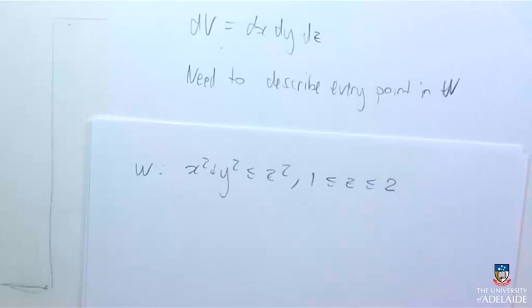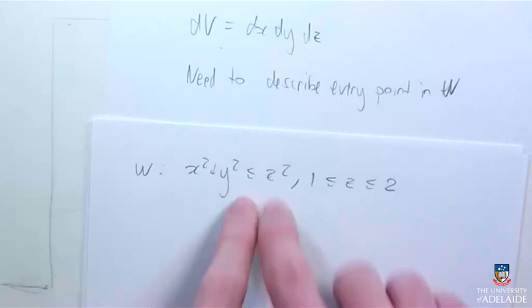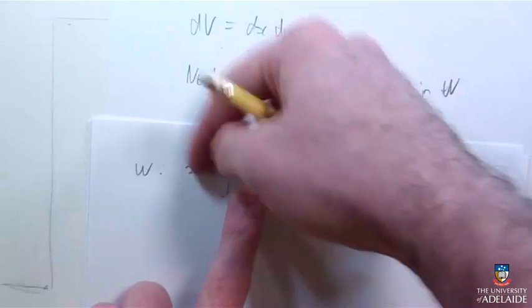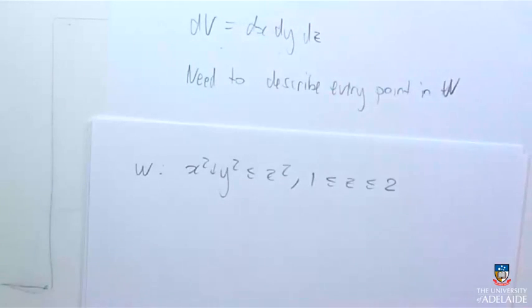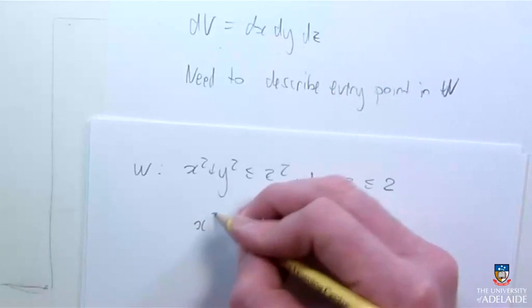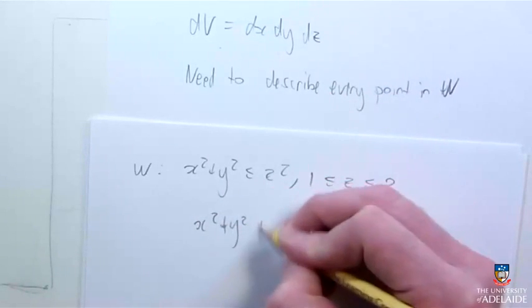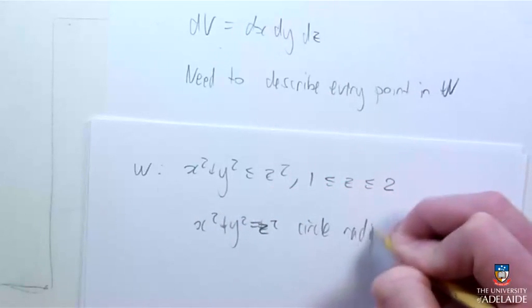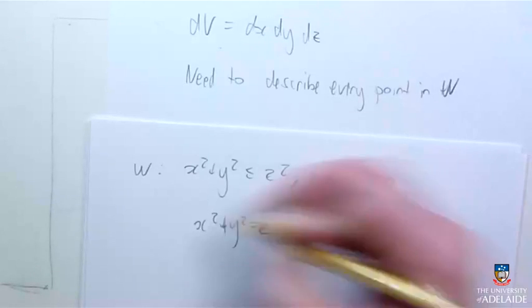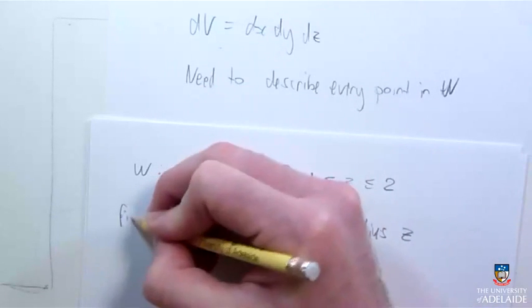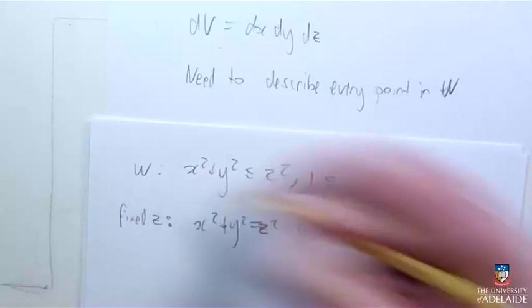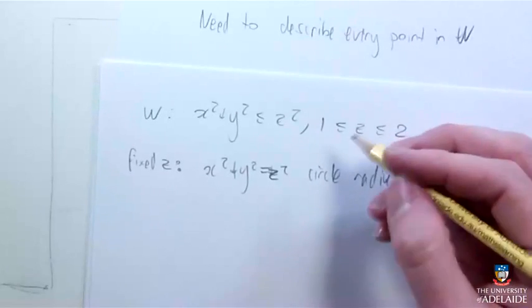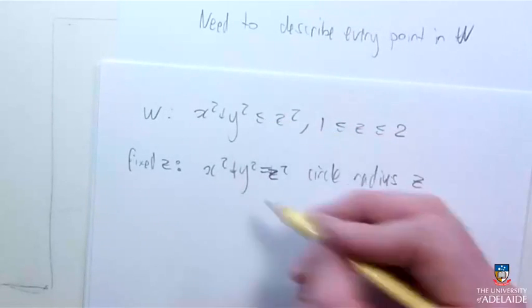But I do know at least that at every z, it's a circle, right? For fixed z, x squared plus y squared equals z squared is a circle of radius z. Beautiful. And since it's less than or equal to, I want the inside of the circle.